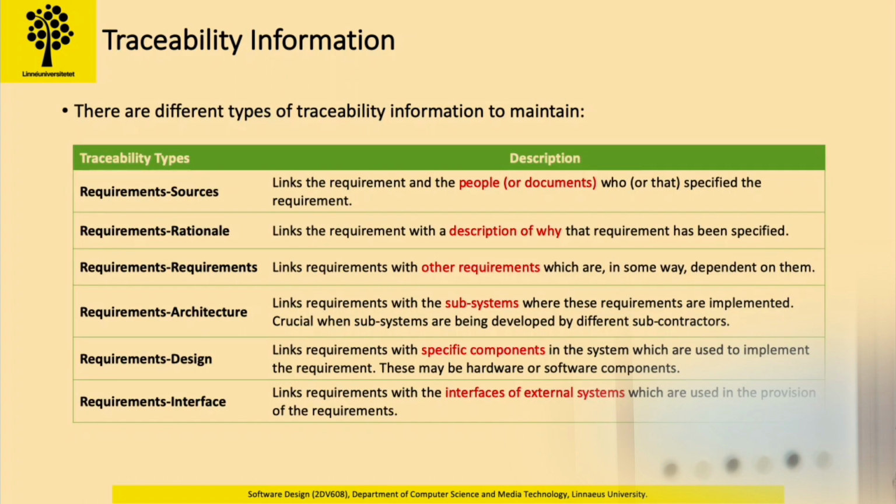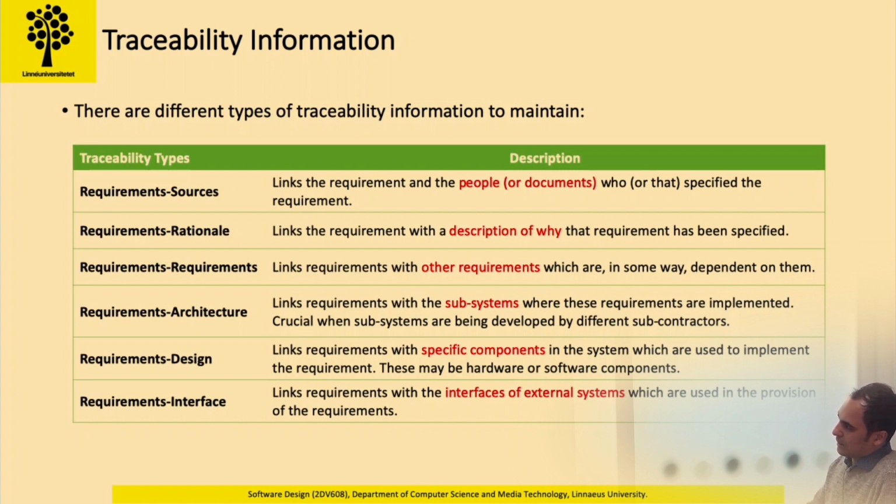And to talk about more, not only between requirements and design, but there can be other traceability types. For example, requirements to source: which stakeholder proposed these requirements and why.